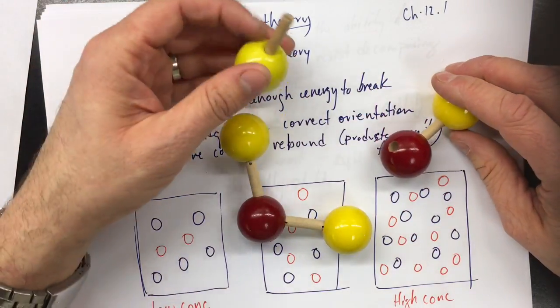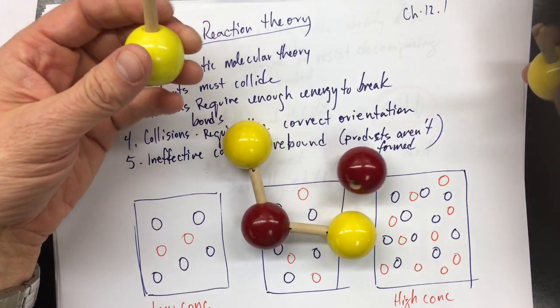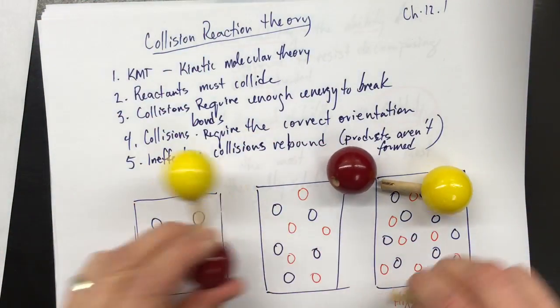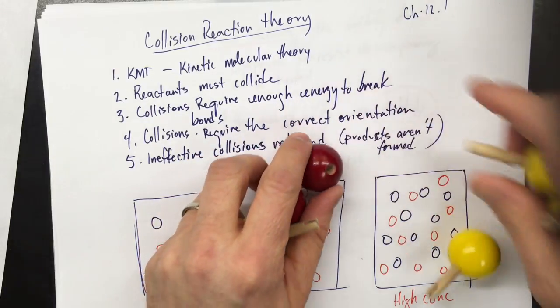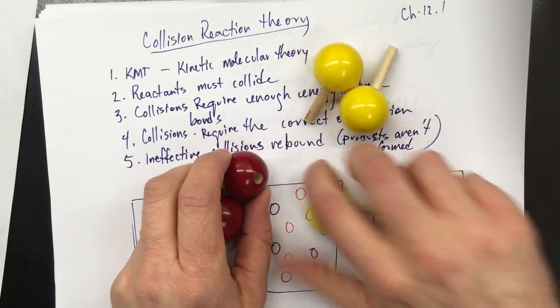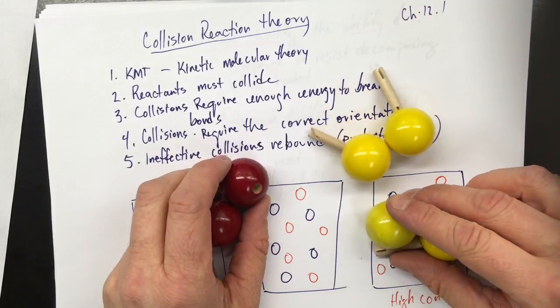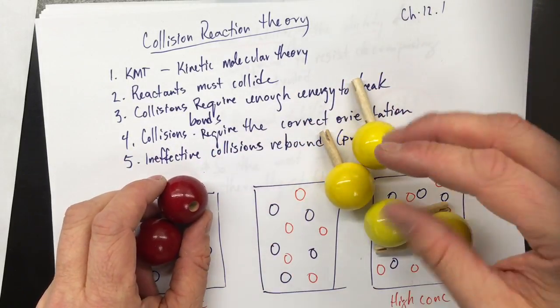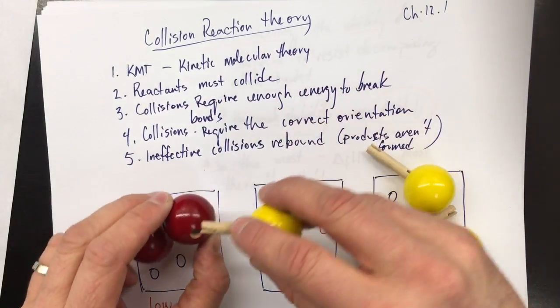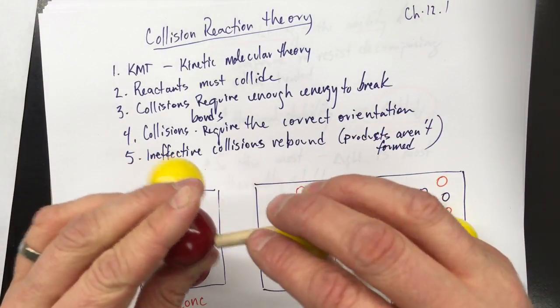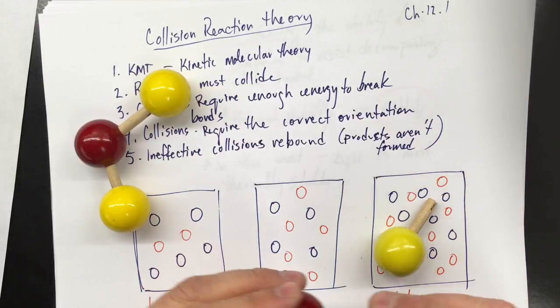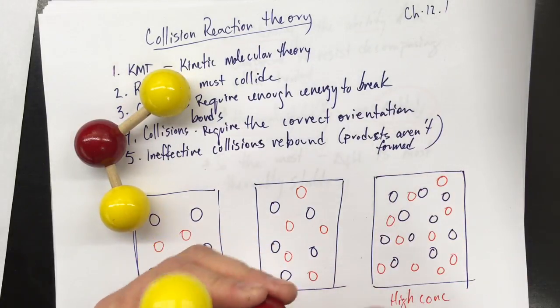If you don't break the bonds apart, then you don't have a chance for them to rearrange. And in order for new bonds to form, we need to have them rearrange. And we have to break the bonds, so they require enough energy to break the bonds. So all reactions require both a collision as well as enough energy to break bonds apart.